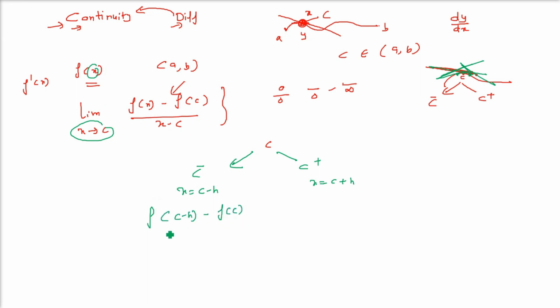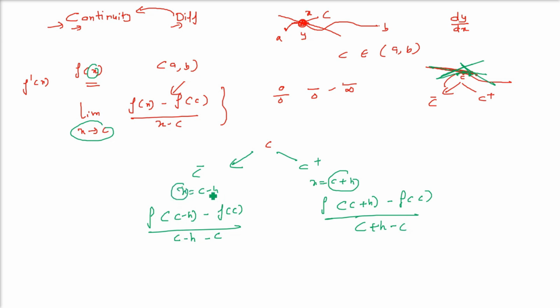So f(c minus h) minus f(c) divided by, in place of x, c minus h minus c. That is, we are replacing x by c minus h. Here we replace x by c plus h, so f(c plus h) minus f(c) divided by c plus h minus c. As indicated in the previous definition, the limit was x tends to c.